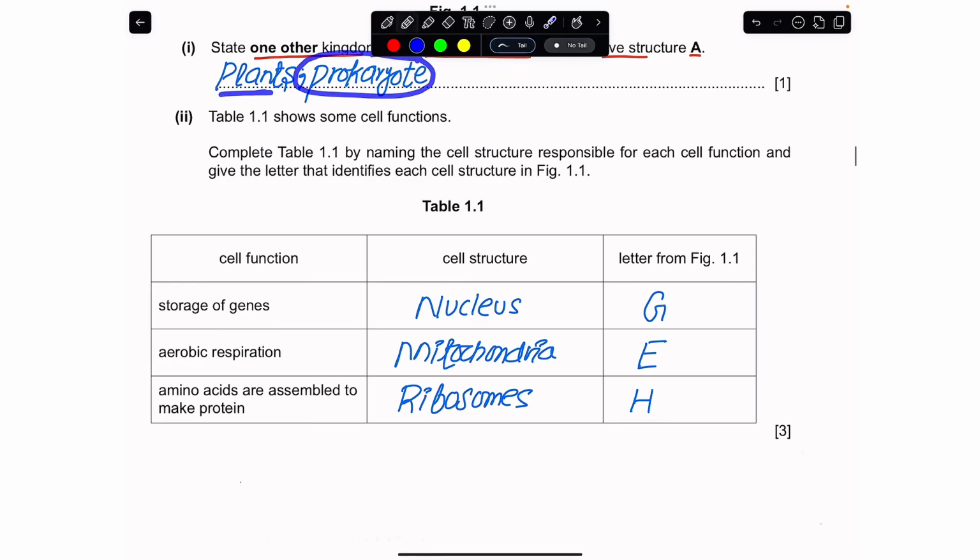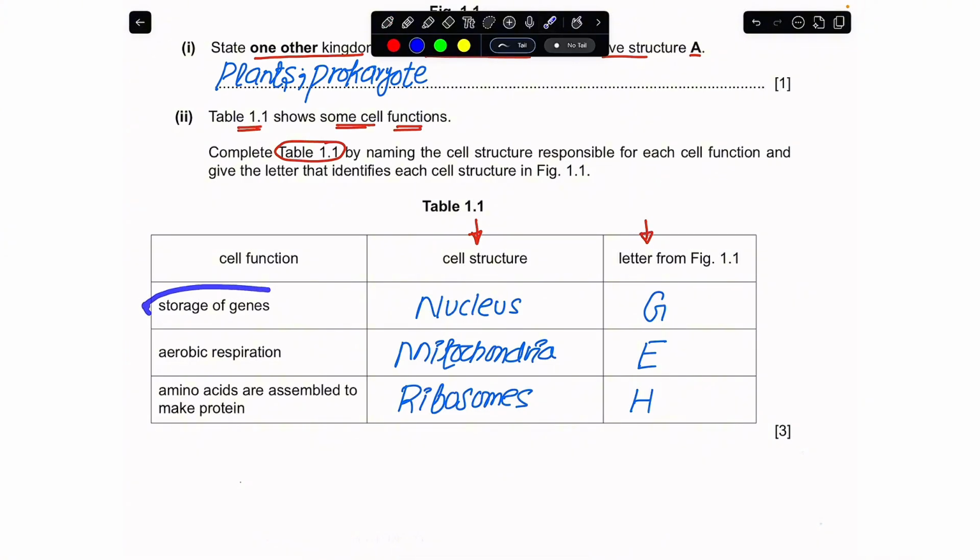Now, moving onward, they have given you the table, and over there they show you some cell functions. They want us to complete table 1.1, where we are required to write the cell structures, and we have to give our examiner the letter from figure 1.1.